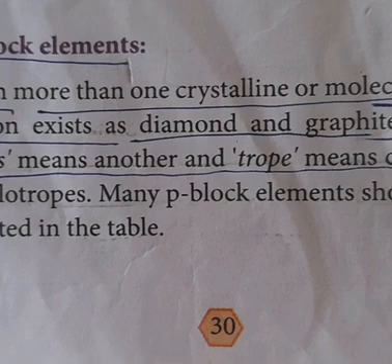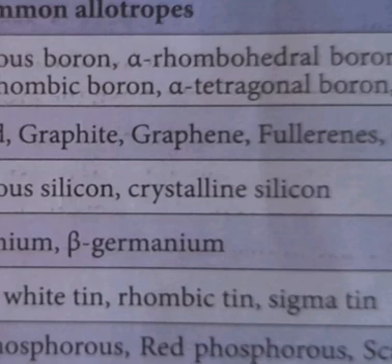For example, carbon exists as diamond and graphite. And also page number 31, the tabular column, second point, carbon. The carbon only is enough. Carbon, the most common allotropes are diamond, graphite, graphene, fullerenes, carbon nanotubes.